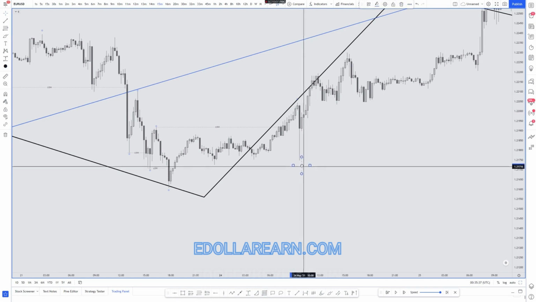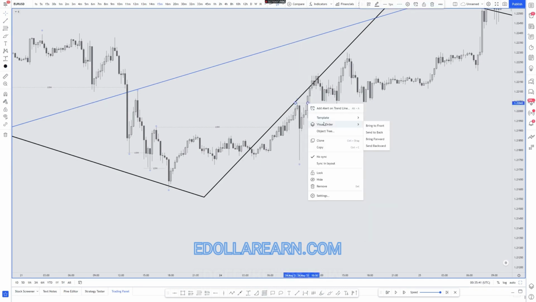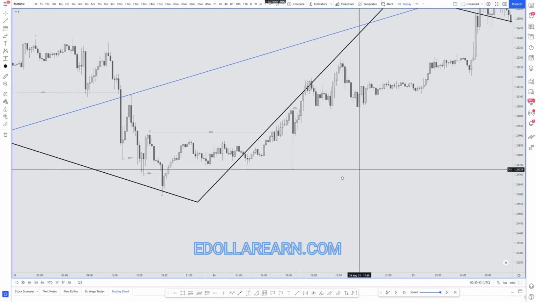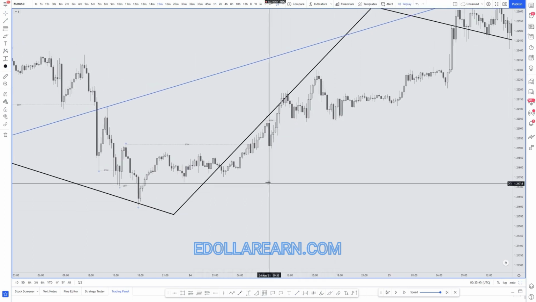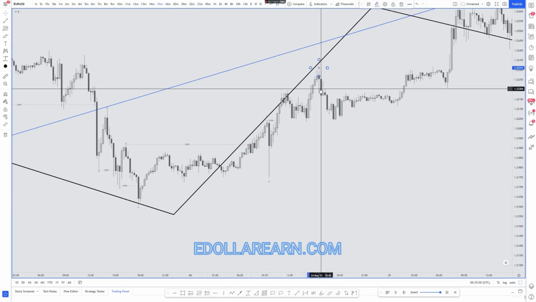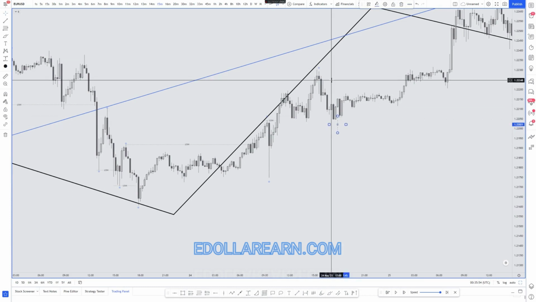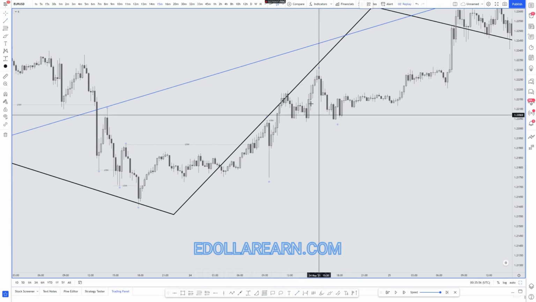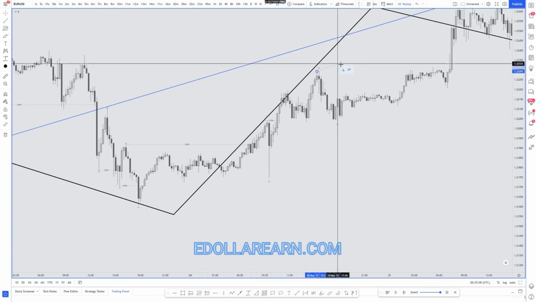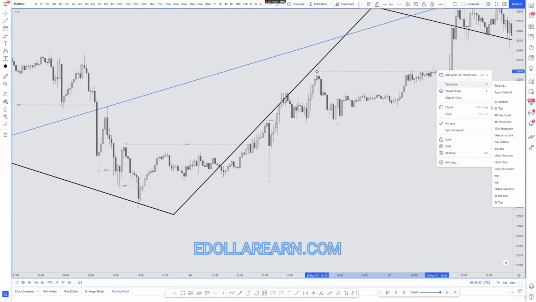So that's our first bit of structure. We have a pullback here. Now, I'm just going to call this impulse our end of impulse, and this our pullback here. This is right around that 10-15 pip range. If you didn't want to call it structure, you don't have to. If you do, you can.